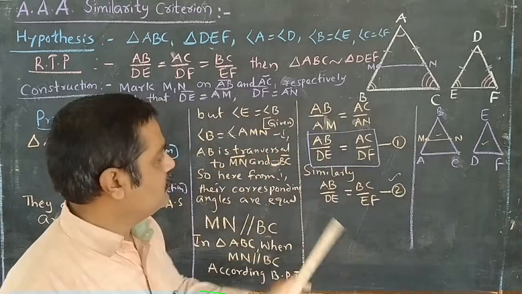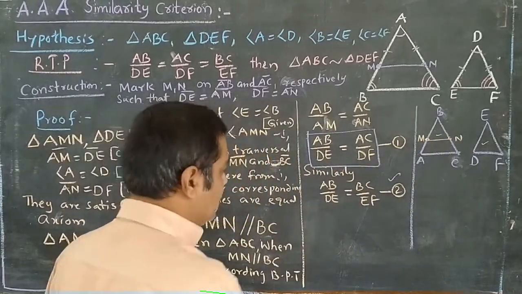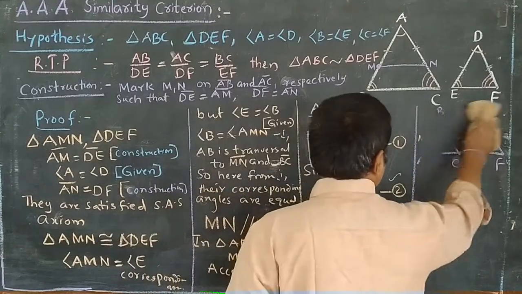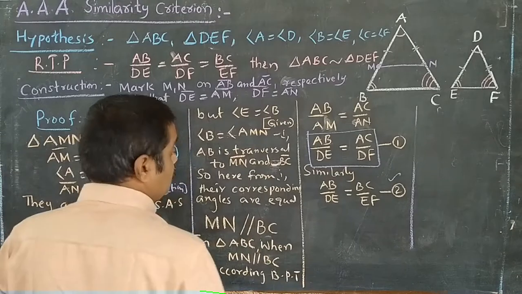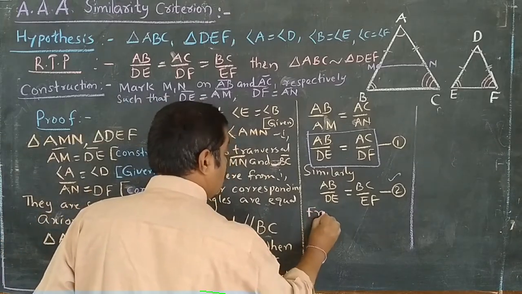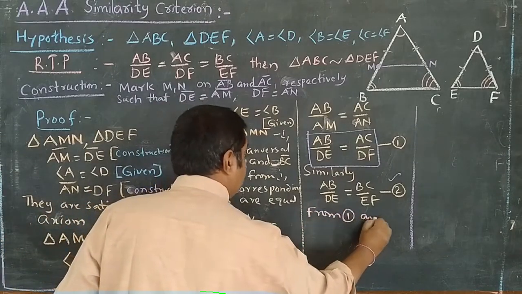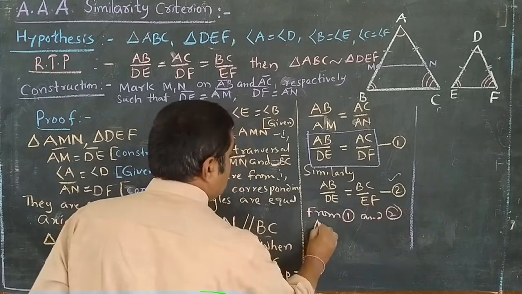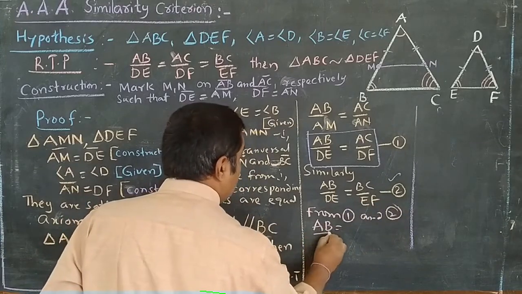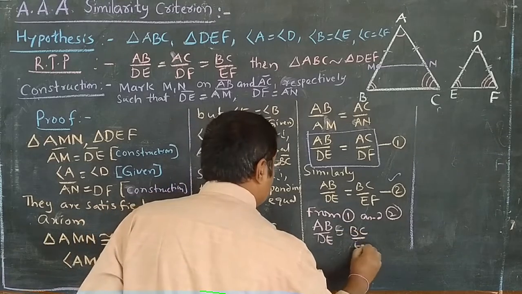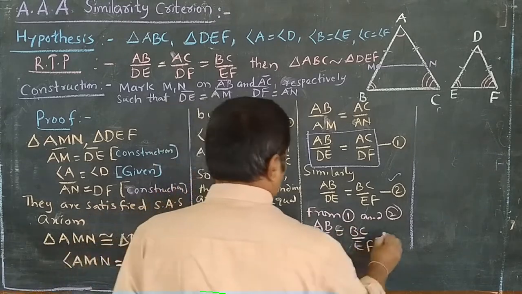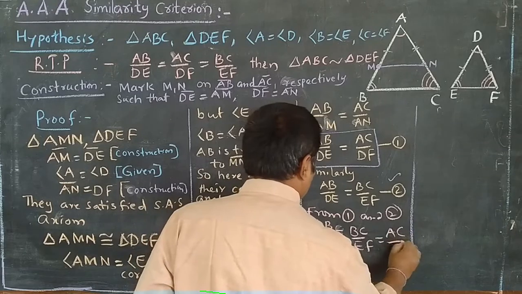This is the second equation. Clear, understand, children? So no need to write this one. Then you say therefore from first and second we accept AB by DE is equal to BC by EF is equal to, what's that? AC by DF.